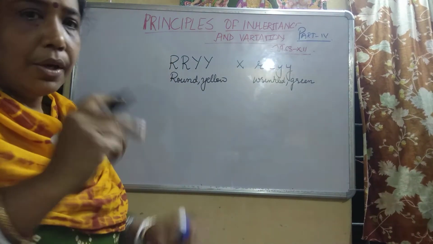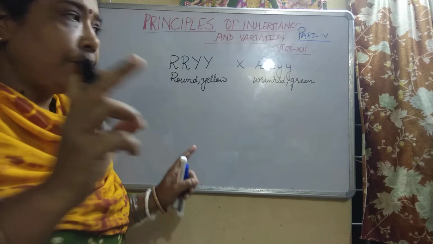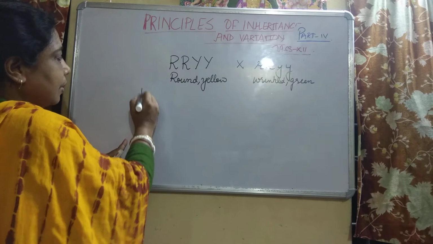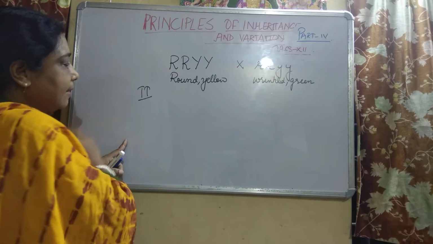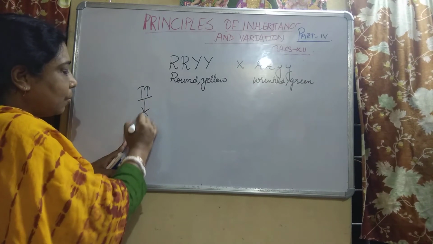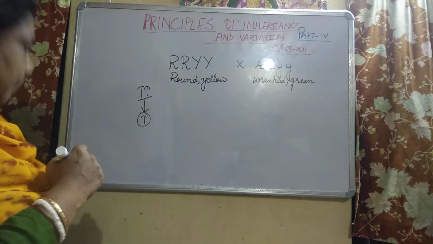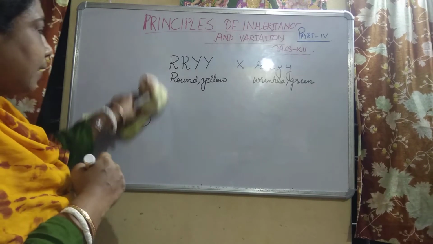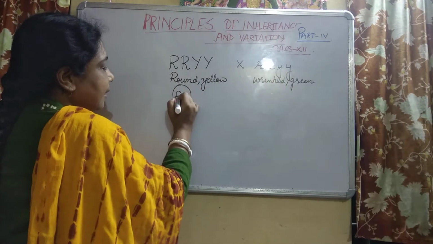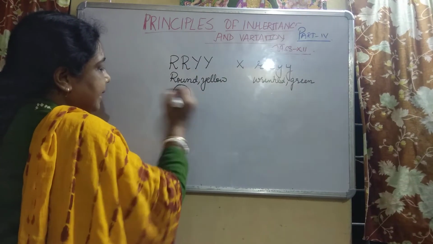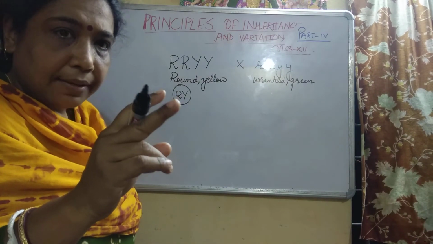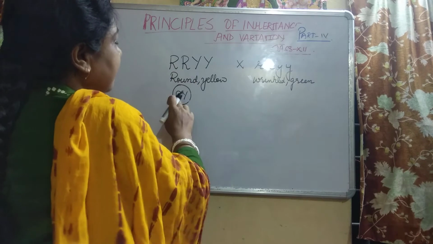Now you see what happens. During monohybrid inheritance, when 2 allelic forms were present for a particular trait, the gamete was receiving only one. In the same way here, the gamete would receive 1 allele from each trait. From each trait, 2 allelic forms are there, so 1 will come.